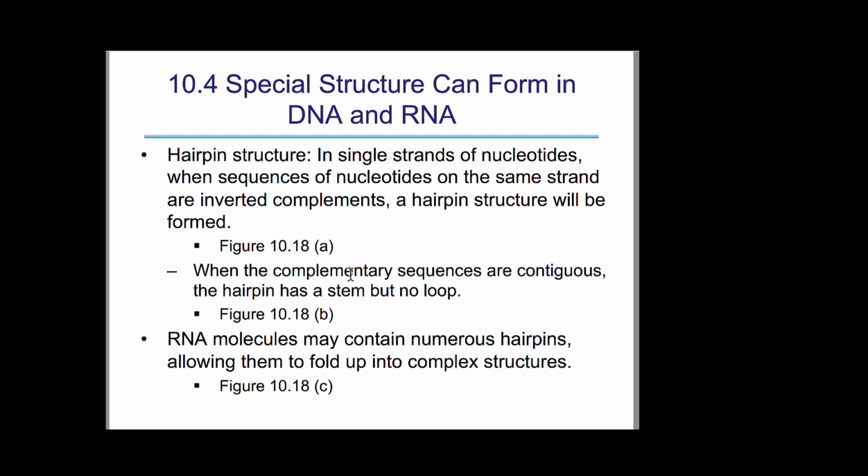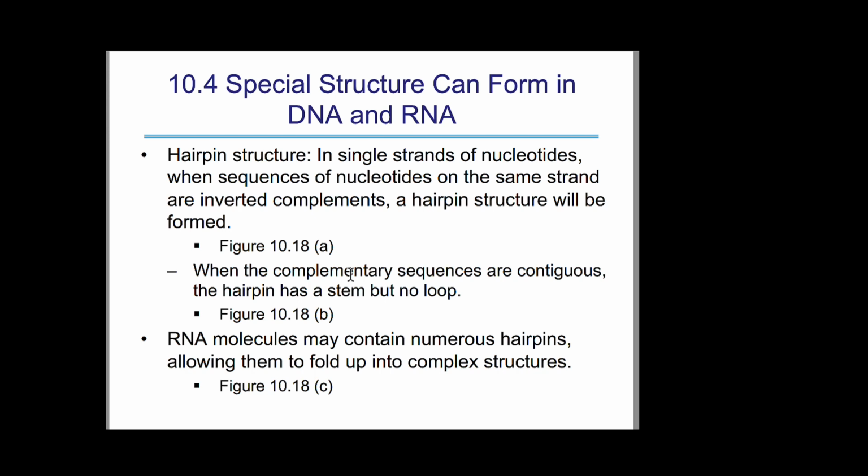Some examples of specialized structures of DNA and RNA are hairpin structures. Hairpin structures are very instrumental in RNA that has more of a functional role but does not become protein. For example, your tRNA is composed of hairpin structures.